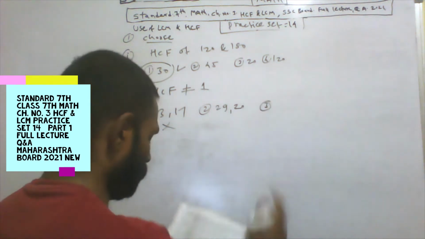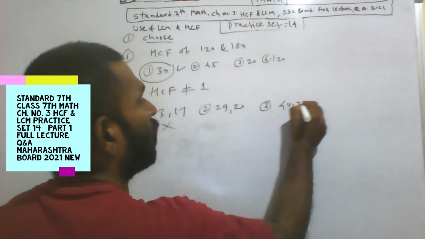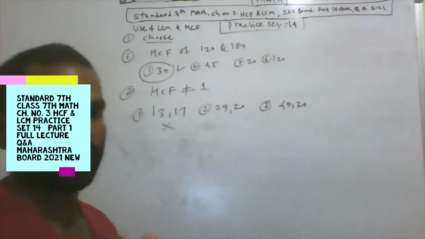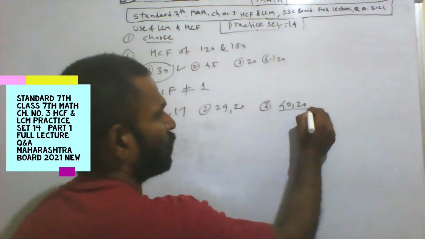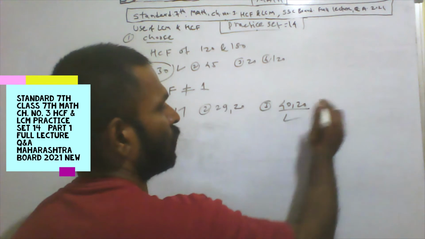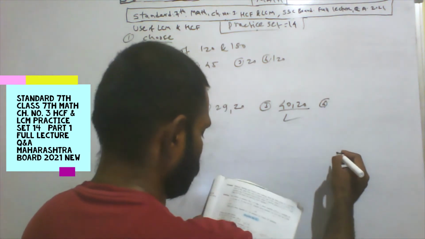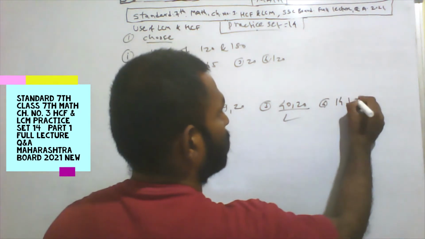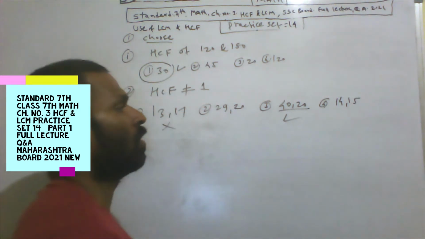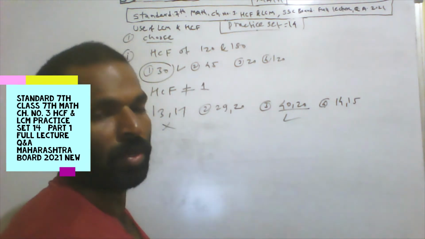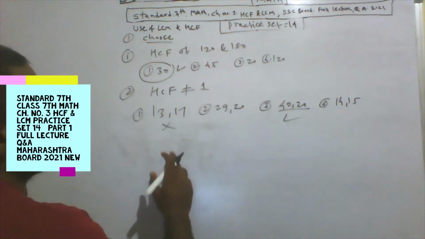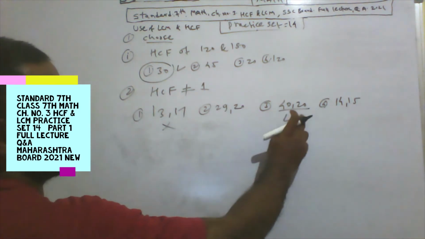The third is 40 and 20, these two numbers have more than 2 prime factors in common, so this is the answer. The fourth is 14 and 15, which is also not having common factors, so it is not the answer. The answer is the third option.